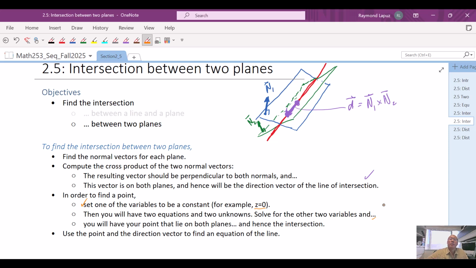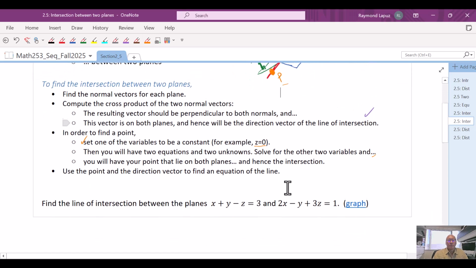Now let's say we found that point, whatever it is. Now we have a direction and a point, and you can find the equation of the line by just saying point plus t times the direction. Okay. All right, let's do a problem.